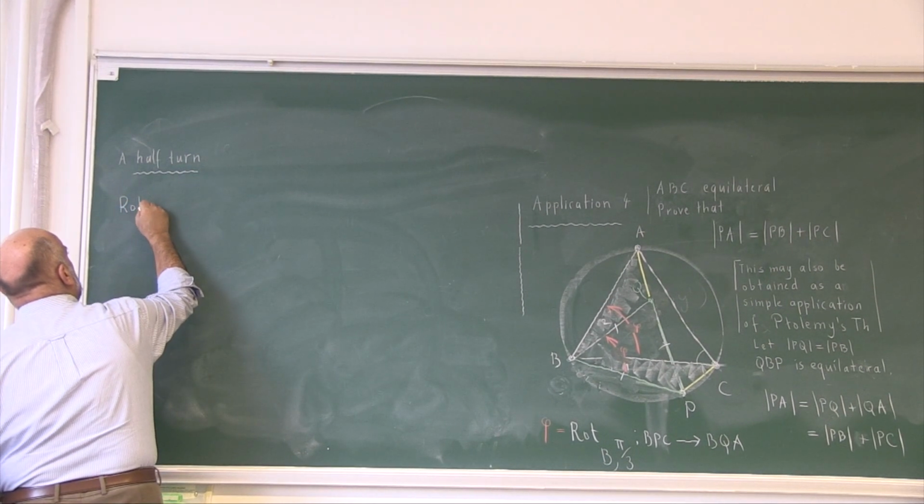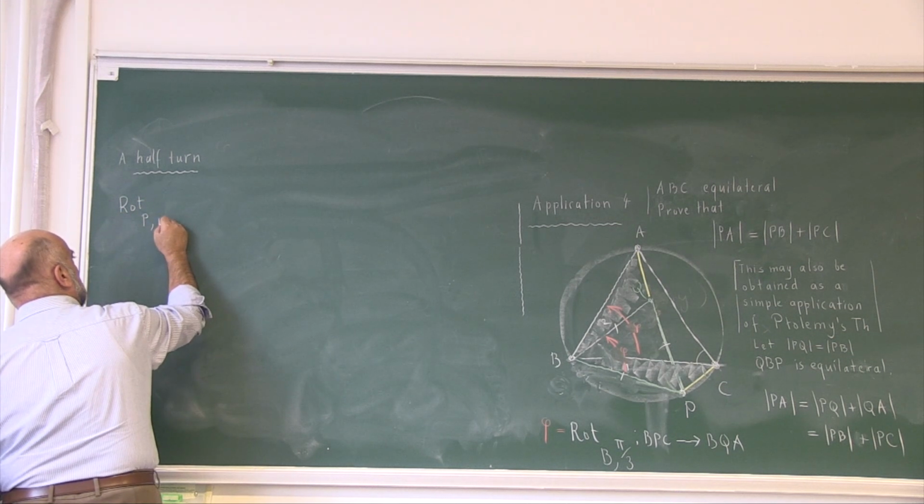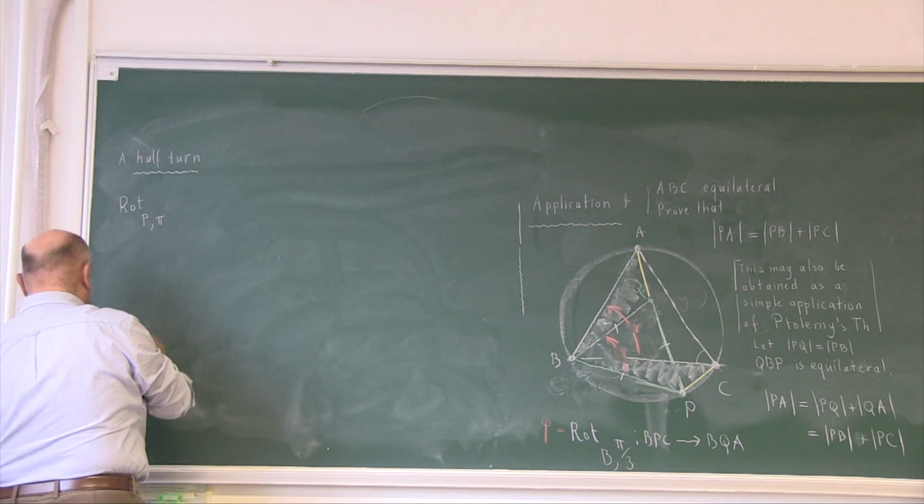So let's say about some point P, the angle is special, it's pi. Exactly what this means is the following.